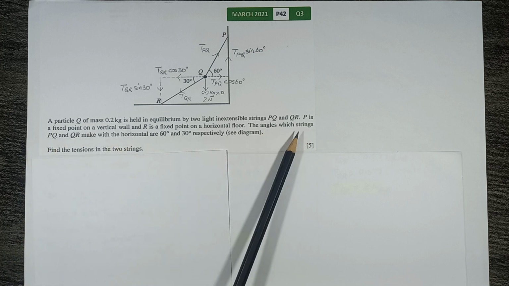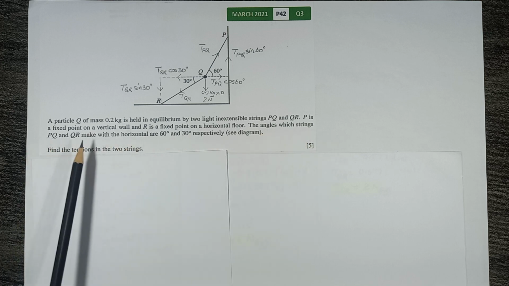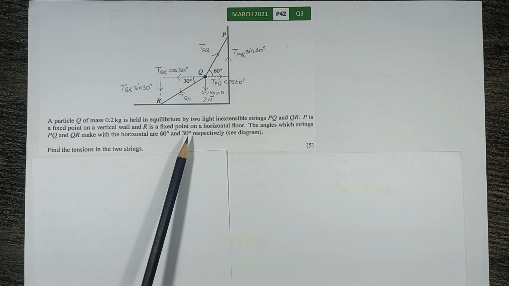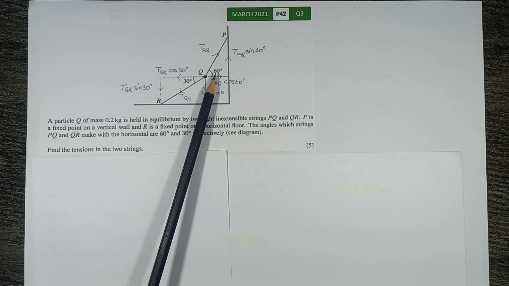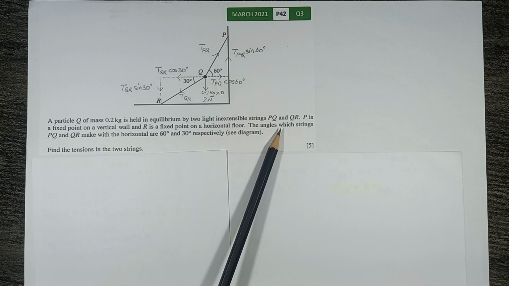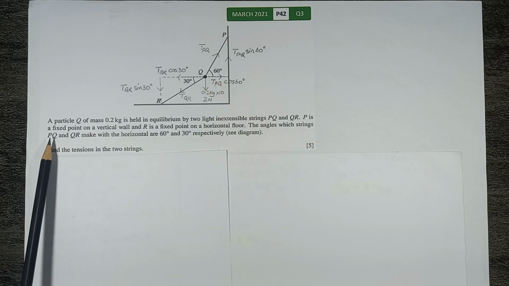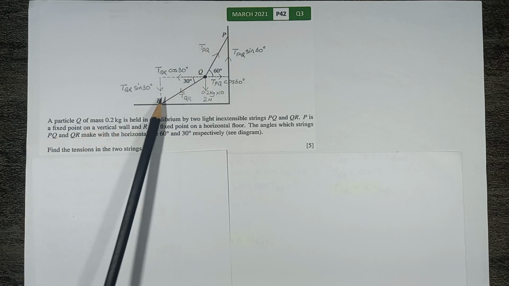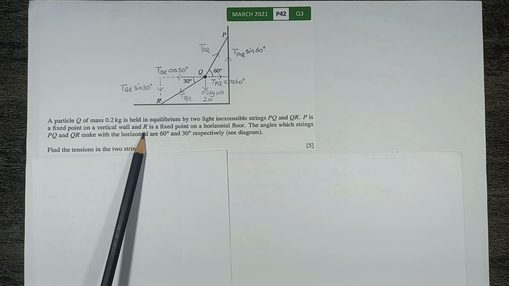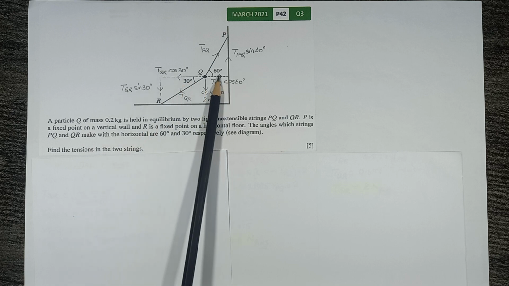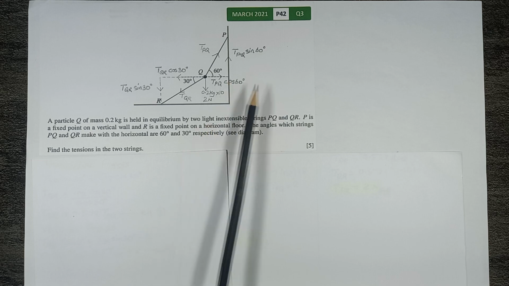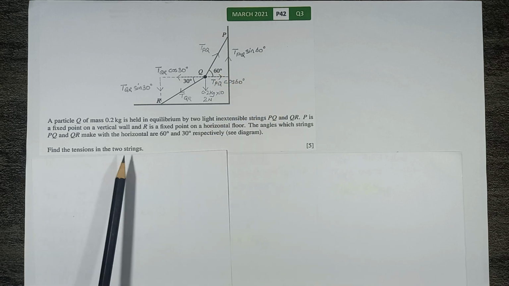The angles which strings PQ and QR make with the horizontal, this dotted line, are 60 degrees and 30 degrees respectively. Find the tension in the strings.